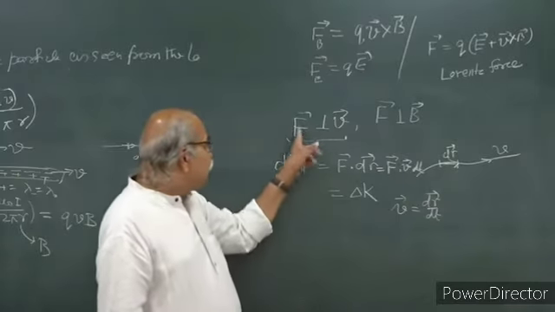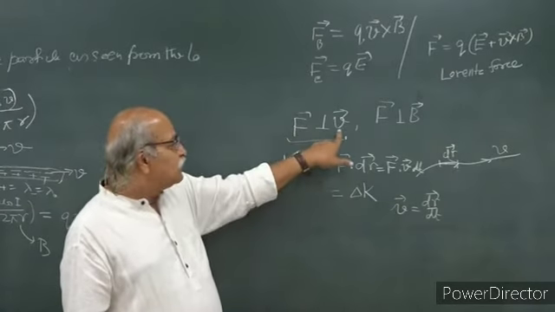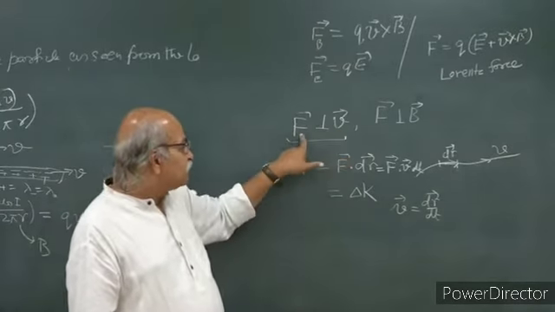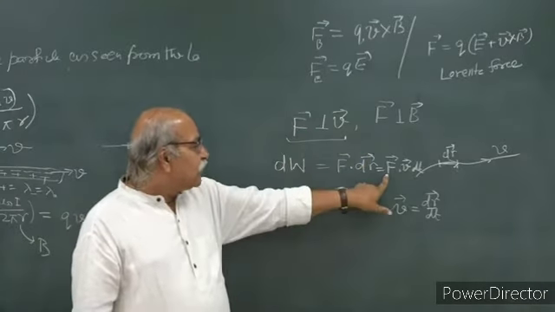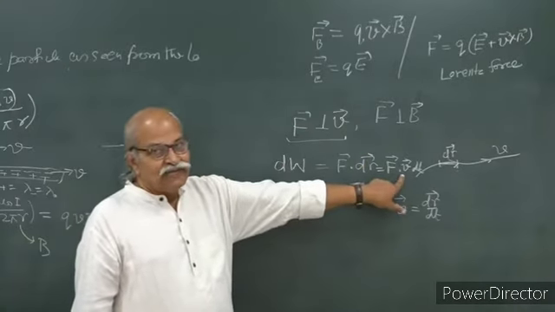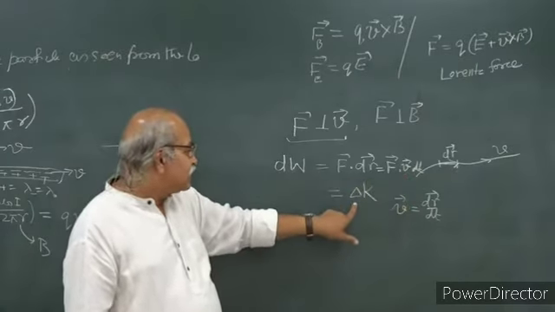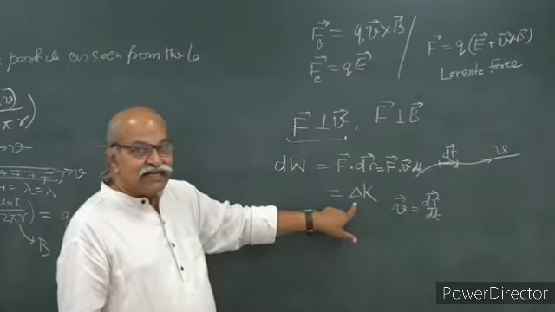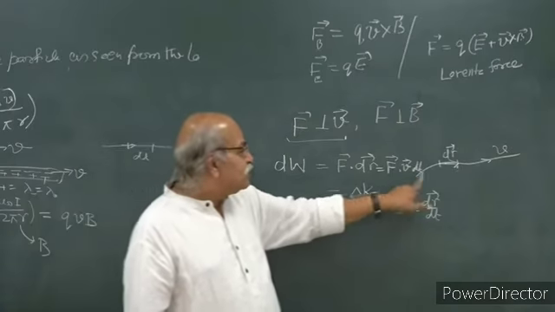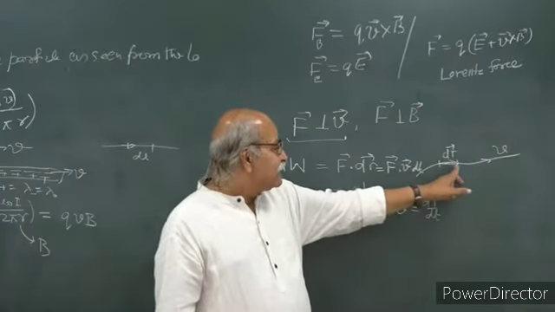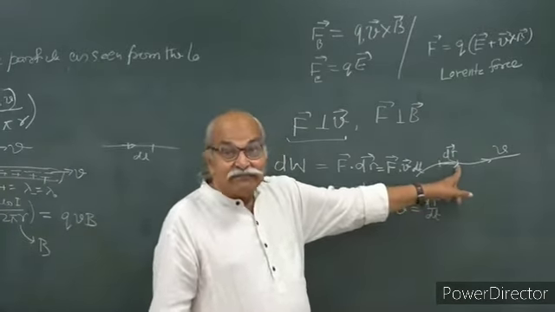Now, if F is perpendicular to v, F dot v is 0. And if F dot v is 0, then this delta K is 0, and if delta K is 0, that means the kinetic energy here and the kinetic energy here are the same.